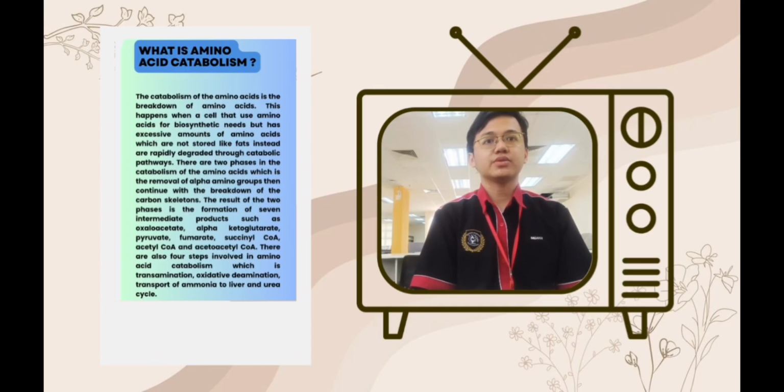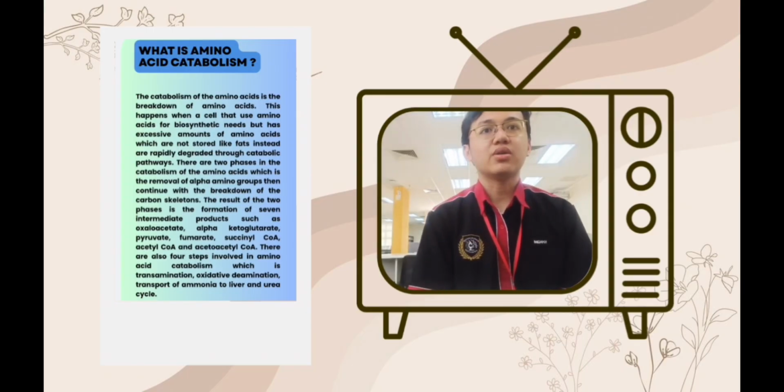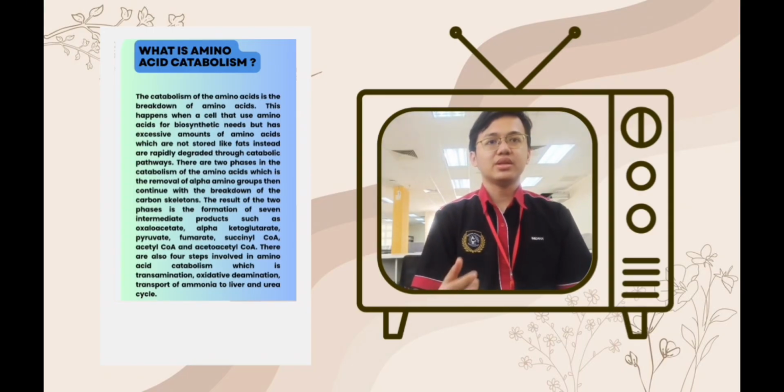Alright, so the next one is the result of the two phases, like what I mentioned earlier, which will result in the formation of 7 intermediate products such as oxaloacetate, alpha ketoglutarate, pyruvate, fumarate, succinyl CoA, acetyl CoA, and acetoacetyl CoA.